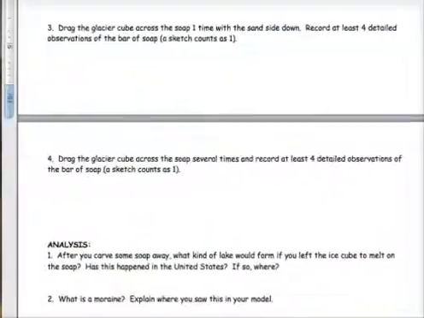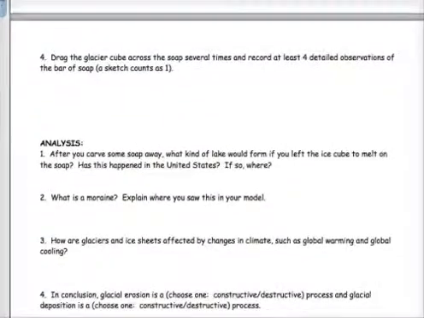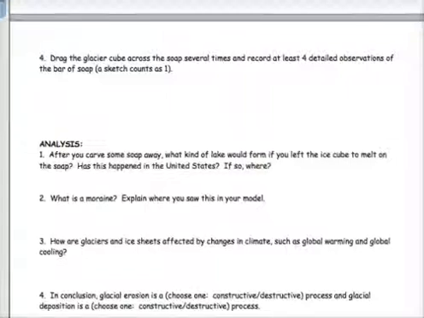The next part of the lab is number 4. It says drag the glacier cube across the soap several times and record some observations. So I'm going to drag it across several times and show you what happened. It is kind of a messy lab, but I'll show you what happened, and then again write down your observations from this time.